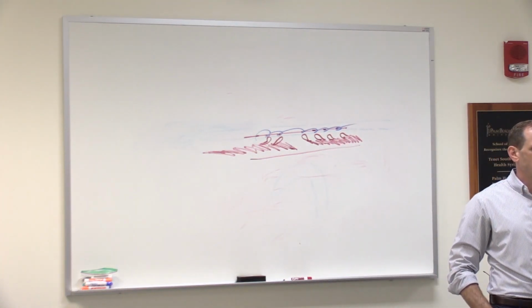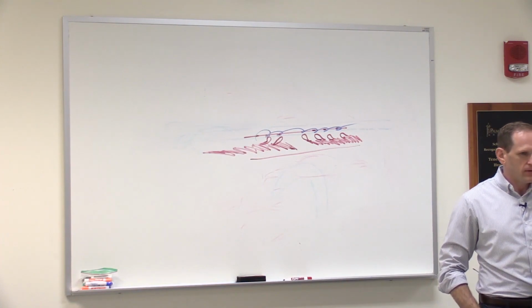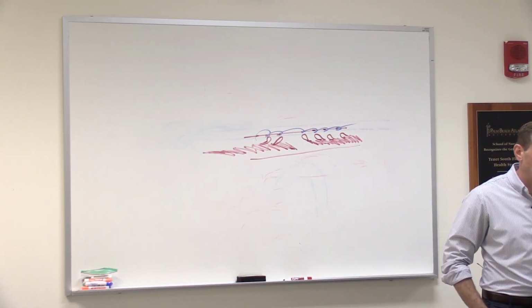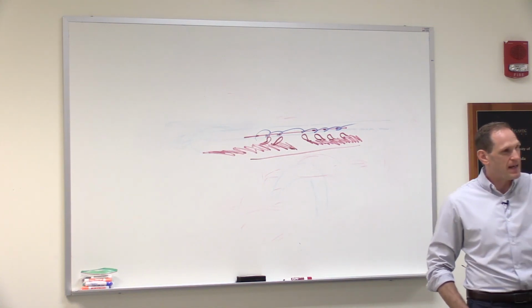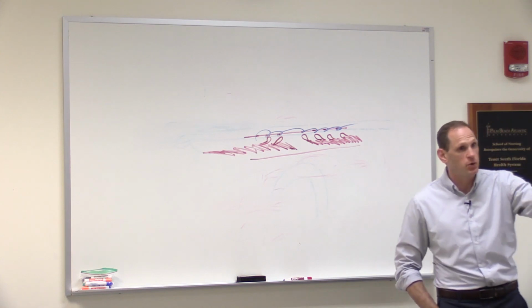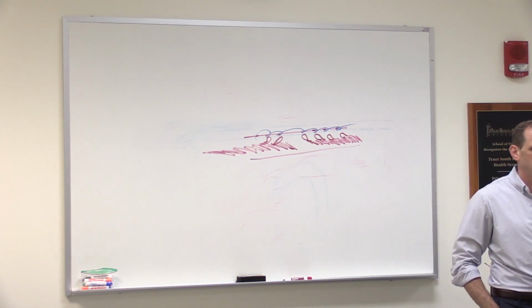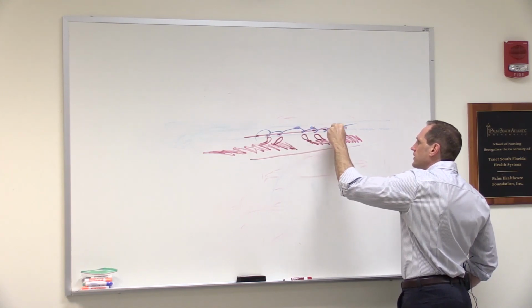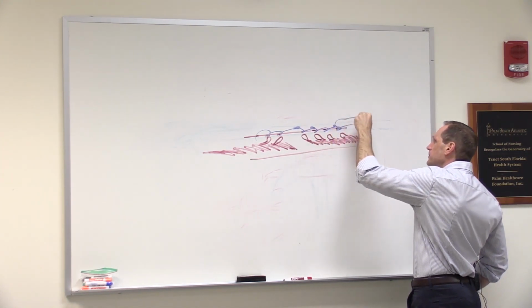So in order to allow the contraction to take place, we have to unwrap the tropomyosin. Now there's a receptor on the tropomyosin that when it's activated will do that. What is the receptor that causes the unwinding? It's called troponin.